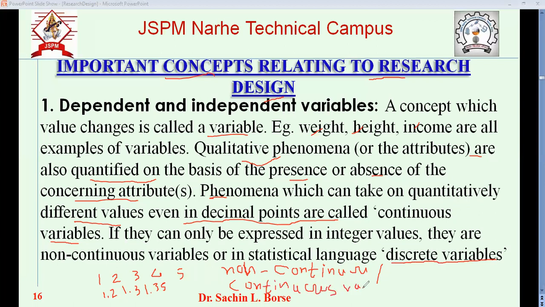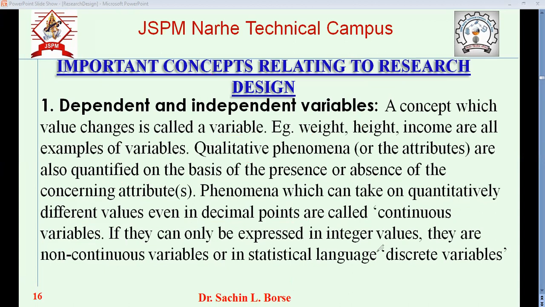So first we saw what is a variable: a variable which changes. Pi is not changing, so it is not a variable. It is a constant. Then we saw the two concepts, continuous and non-continuous. Continuous means even in decimal places, like 1.2, 1.25, 1.35, 1.38. It is not having any definite gap.